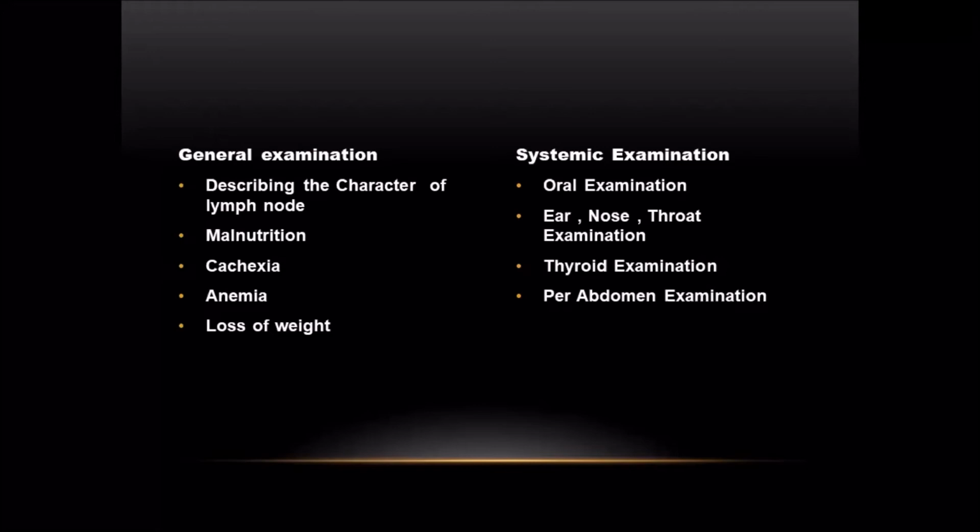In systemic examination, apart from the CVS and RS examination, keeping malignancy in mind and other suppurative inflammatory disease in the aerodigestive tract, one should also do the oral examination, ENT examination, thyroid examination, and per abdominal examination to look for any swelling.